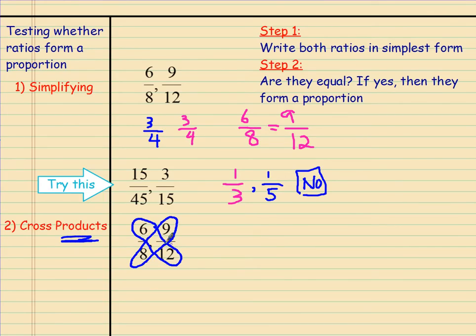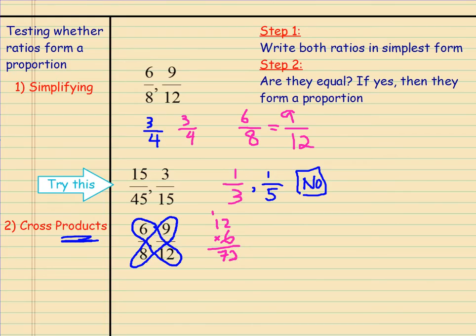So let's look at our first oval. We circled the 6 and the 12. Now, what's 6 times 12? 6 times 12 is... This is 12, so we add a 0. 6 times 1 is 6. Add a 0, we have 72. So that's our first cross product.